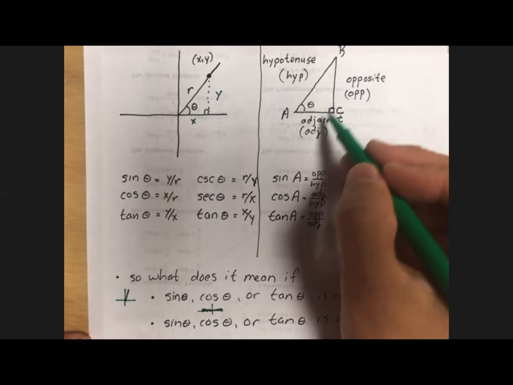Well, tangent is opposite over adjacent. Opposite side to A over adjacent side to A. That's the tangent of A. So if that ratio is nearly 1, then these two sides are nearly the same. And when does that happen? That would be when your angle is near 45, in a 45-45-90 triangle.